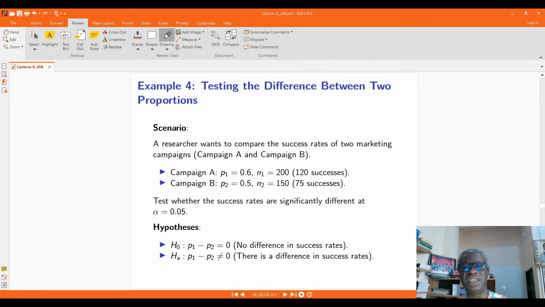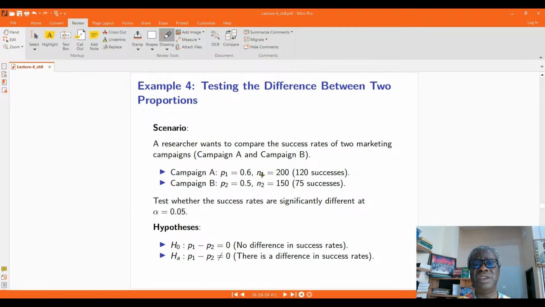And then the proportion of successes: there are actually 120 successes out of 200.